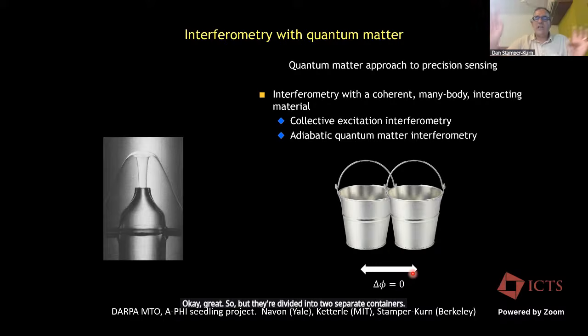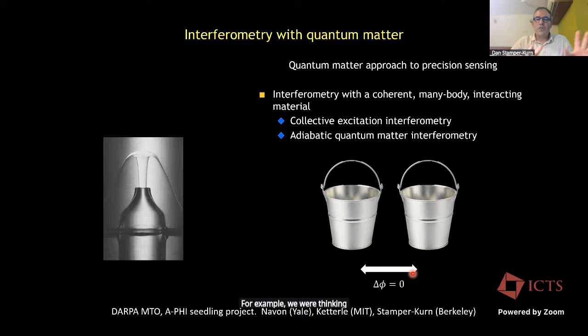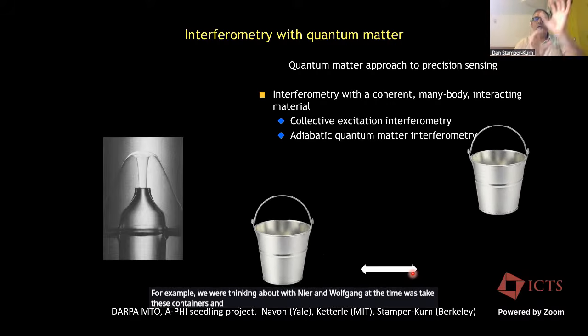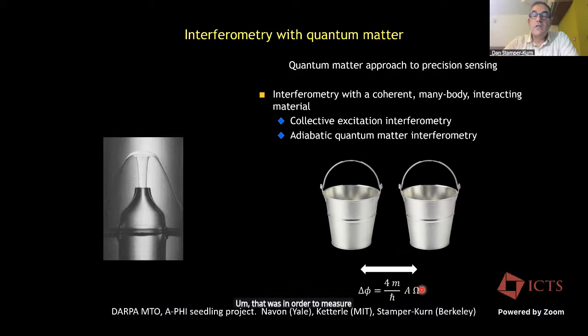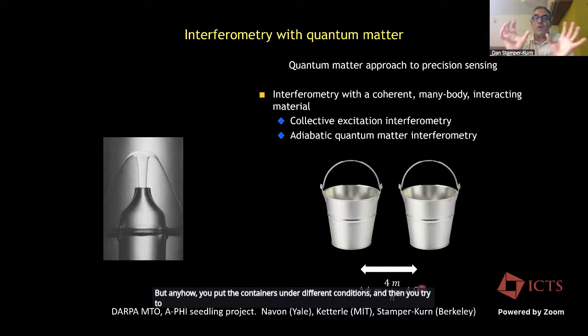And now take these containers and put them in different places. So, for example, what we were thinking about with Nir and Wolfgang at the time was take these containers and move them around in circles. That was in order to use this material, these interferometers, as a gyroscope. But anyhow, you put the containers under different conditions, and then you try to measure the relative phase that's been established between these two containers.